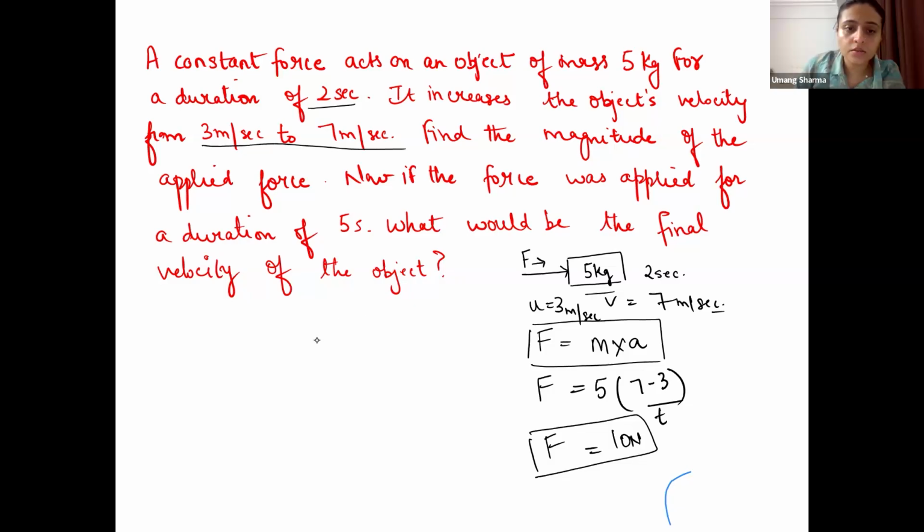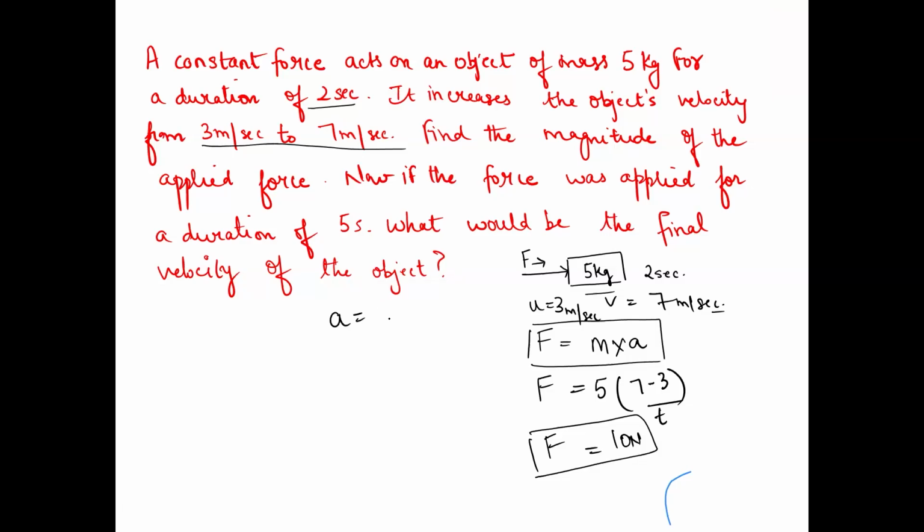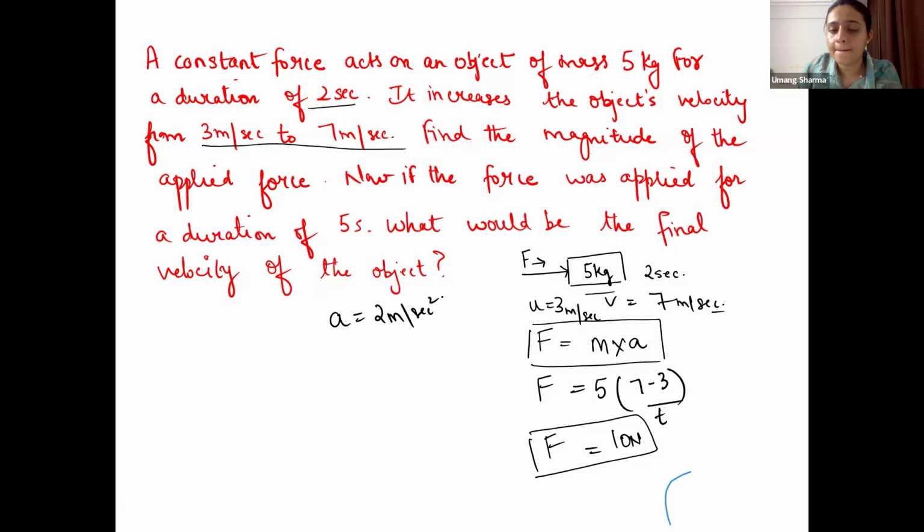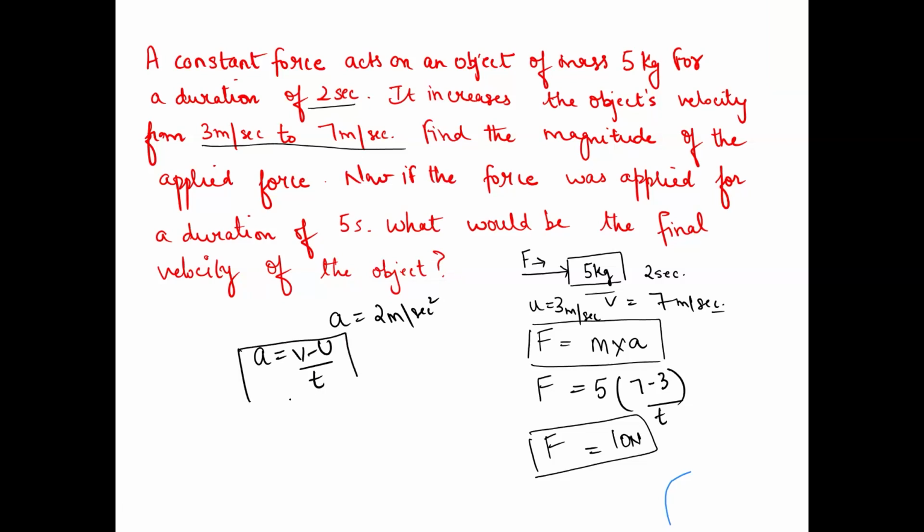If acceleration is 2 meter per second square, then we have to take the formula of acceleration equals v minus u upon t, or we can take v equals u plus at.